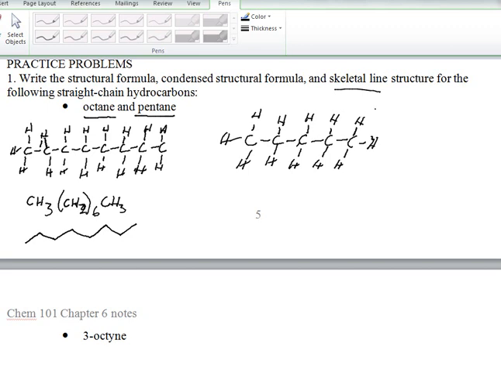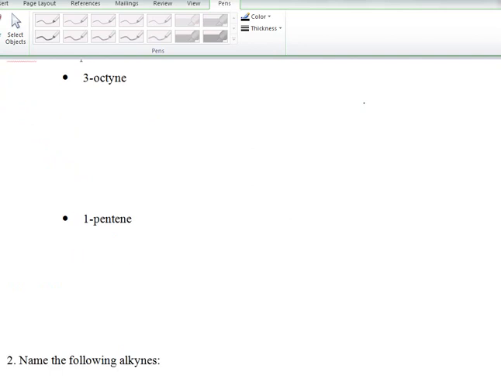Condensed structural formula, CH3, there are 3 CH2 groups, and the last CH3. Skeletal line structure, we need a total of 5 carbons, 1, 2, 3, 4, 5. Done. Moving on to 3-octyne.